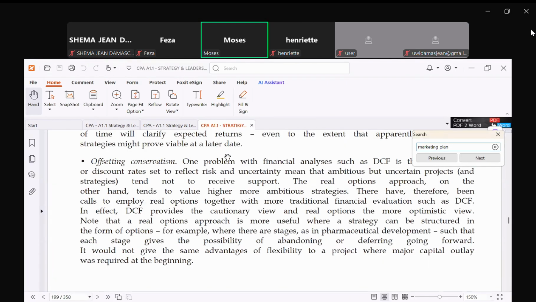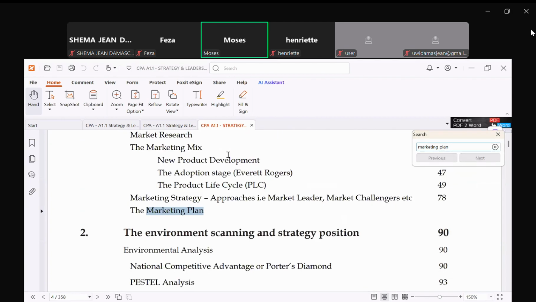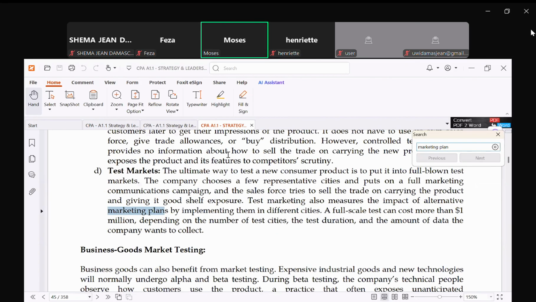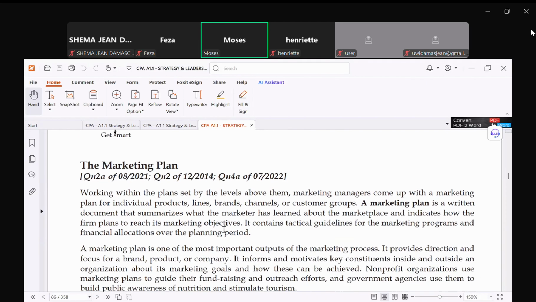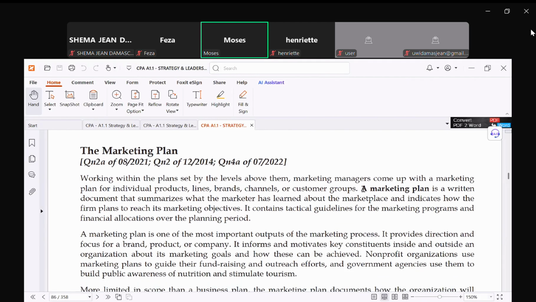Assuming this is your textbook, check where there is a marketing plan and what a marketing plan means. You can copy only this part.